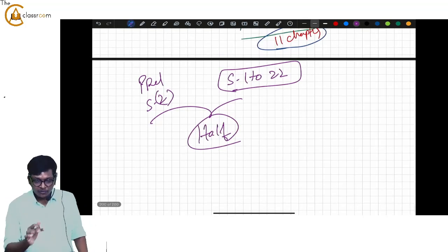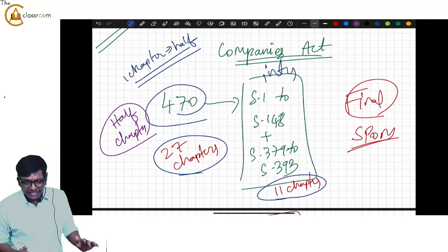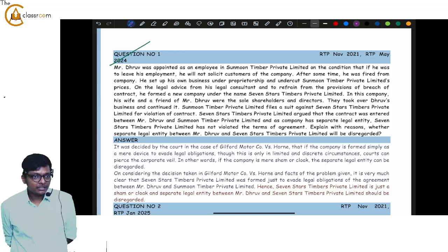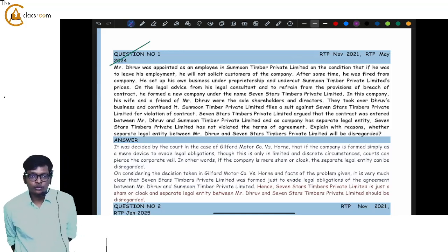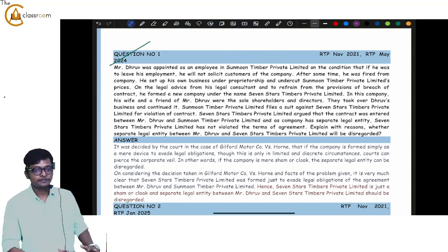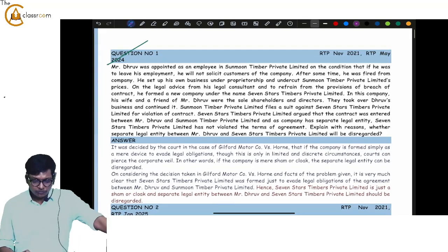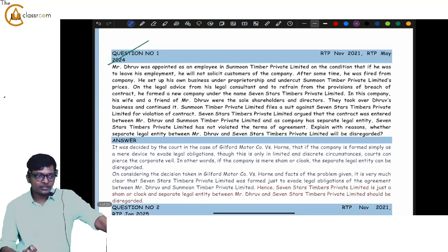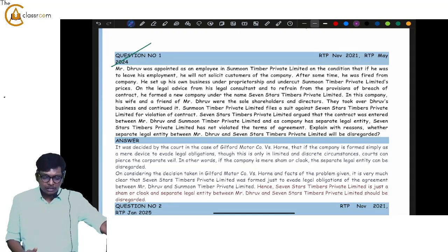This is the only act where whatever you study in CA foundation is carried forward to CA inter, because in CA inter Companies Act is there for 60 marks. This will continue there. Are you getting it, guys? So we have only the basics, only the scratch of the surface, and they're asking more marks because it's important for us. Let's start off.